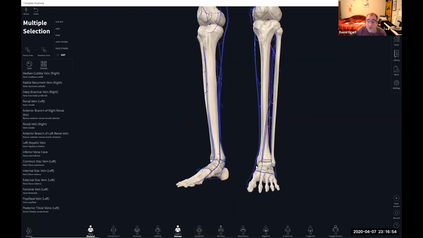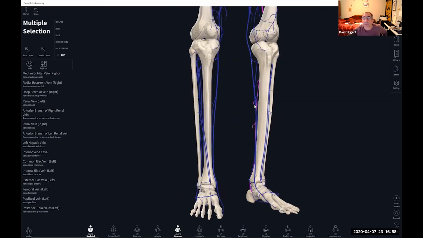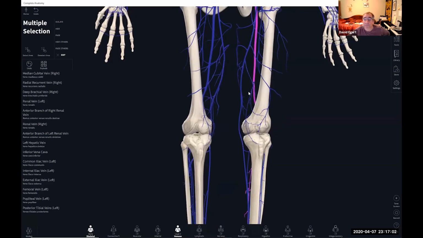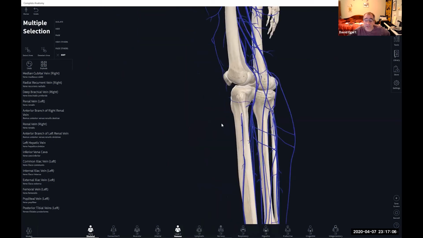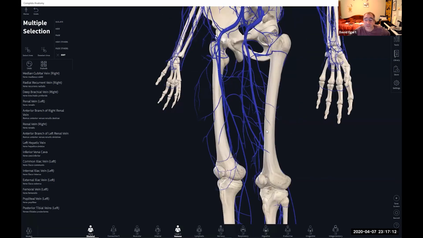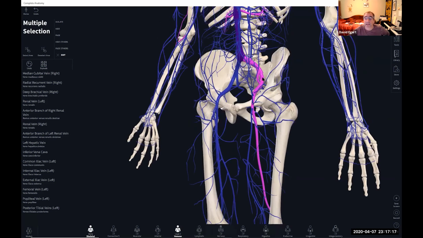If you, though, wanted, let's say you had Betsy the blood drop and she was down in your foot and she wants to get back to the heart. Little Betsy the blood drop, if she's in the foot, she could come up the posterior tibial and then through the popliteal vein and then to the femoral vein and up to the external iliac vein.